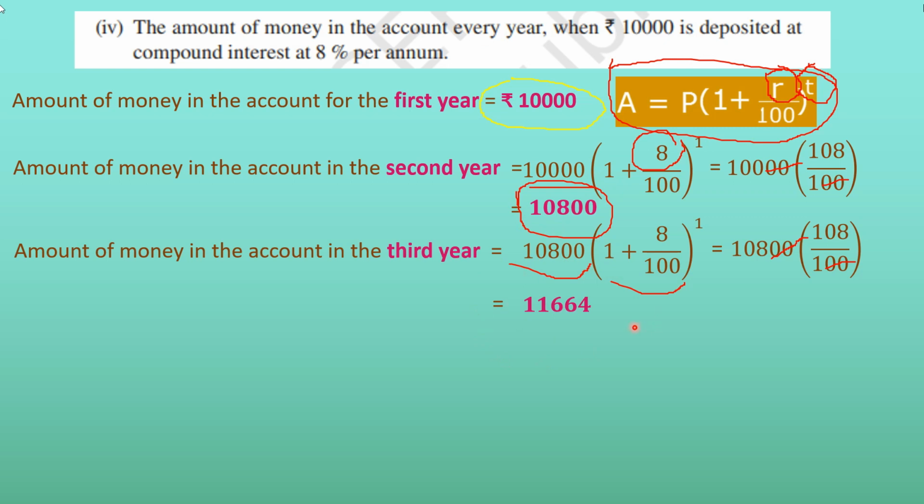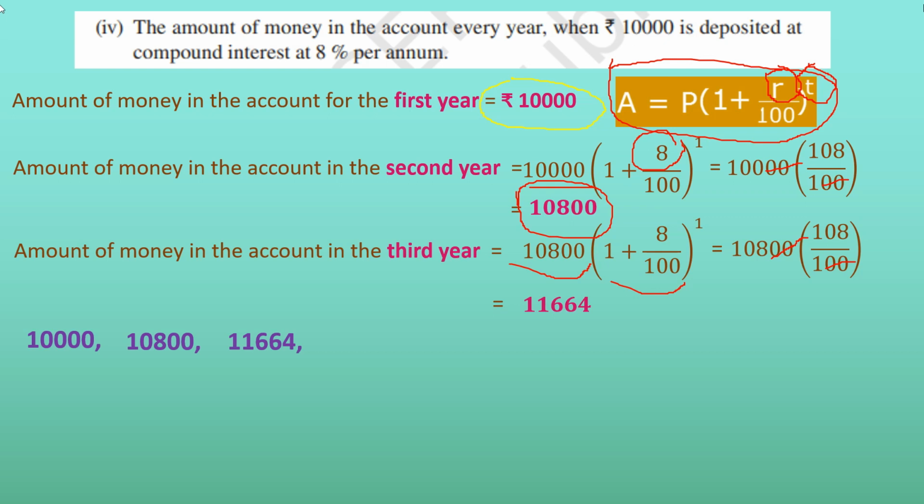We need to find out whether these amounts form an AP or not. So let's check it out. Just write down these three terms at a go: first year, second year, and third year amounts. To check, you find the common difference of two consecutive terms.